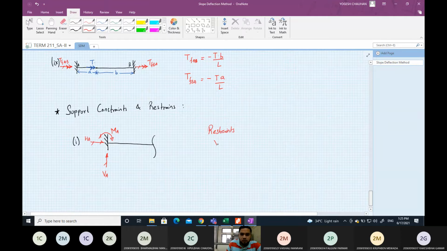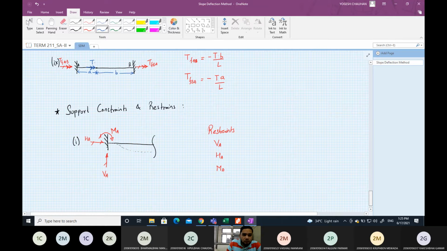So restraints are VA, HA, and MA. And constraints are, here we know that we draw the deflected shape of this. So it will be like this.